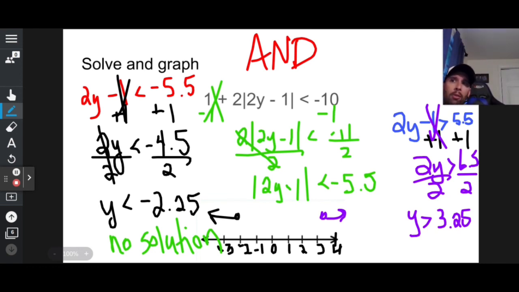Well, the absolute value of anything is never going to be smaller than a negative, because the absolute value of something has to be positive. So this is a no solution because there's no such answer that makes sense. There's nothing I can plug in that when I make it positive, it will be less than negative 5.5. That's wacky. It's best to understand the why. And now that joke lands a little bit harder because I understand the why and it's no solution because the letter is Y.